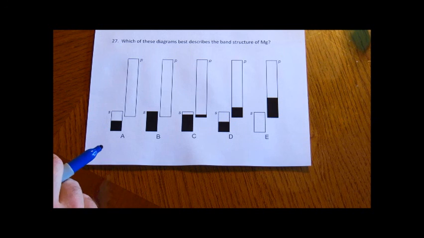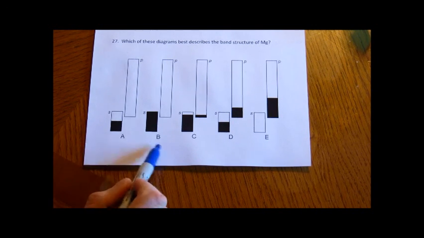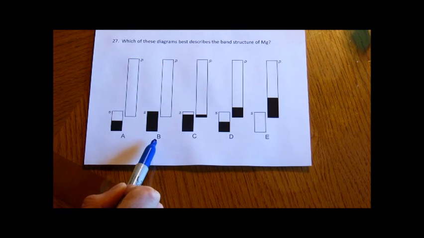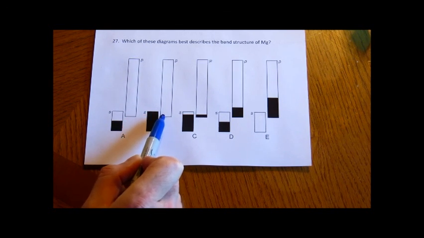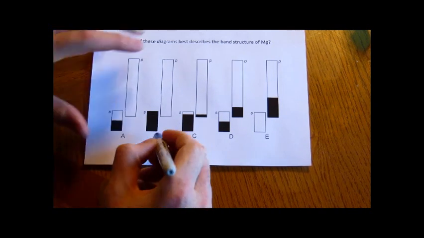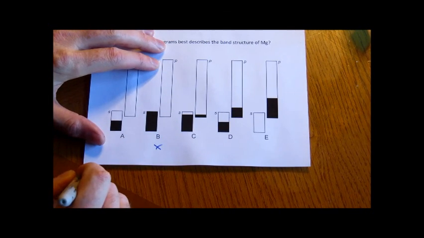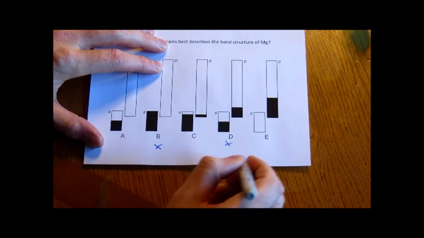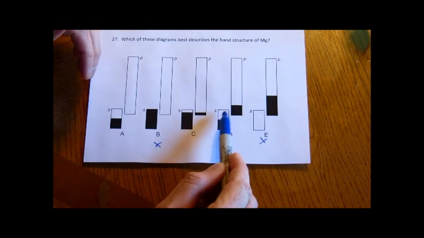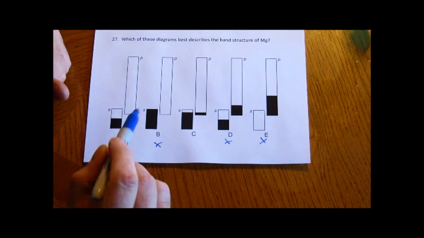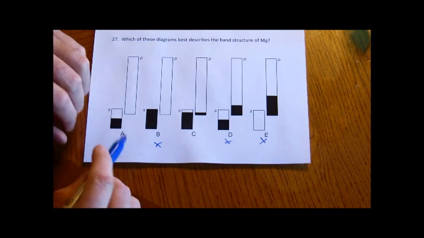So we can rule out some of these just on the basis that the filling is completely bizarre. So you look at B, and the problem with B is we've filled orbitals here that are higher in energy than orbitals that have been left unfilled. So that can't possibly be correct. That same sin has been committed for D and E as well. Energetically, it would be just favourable for these electrons to move down into lower energy orbitals.